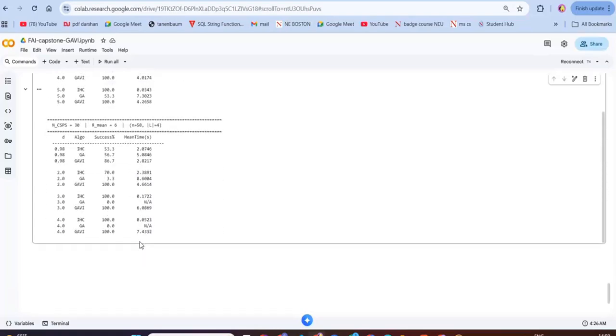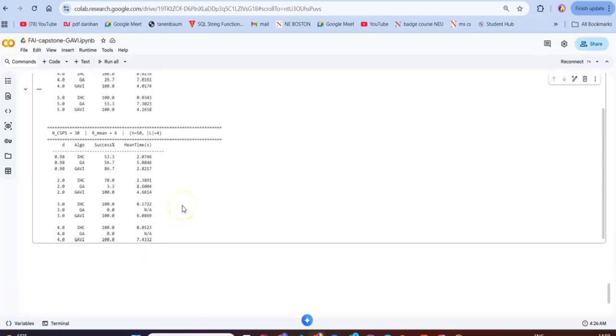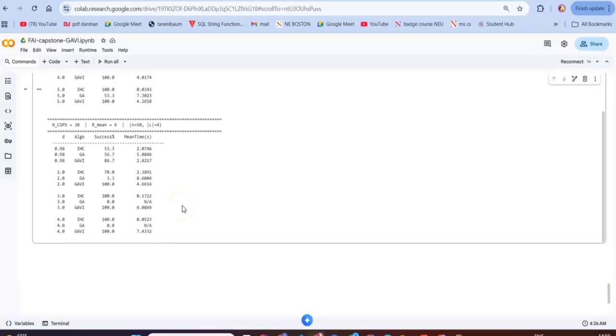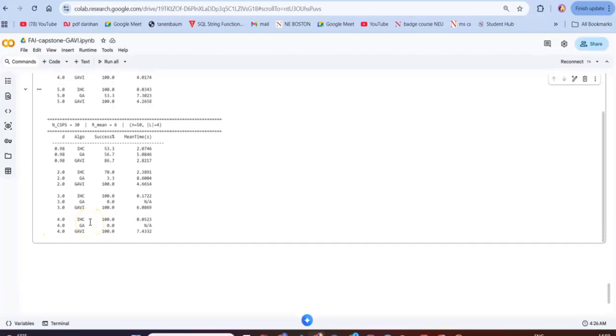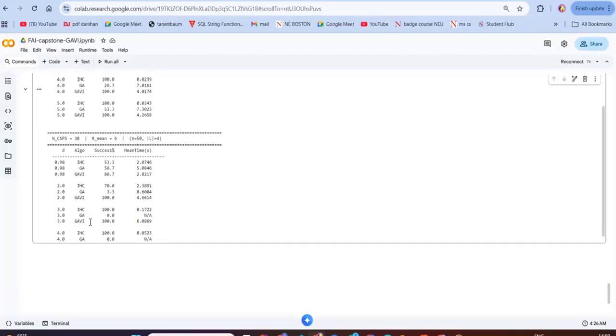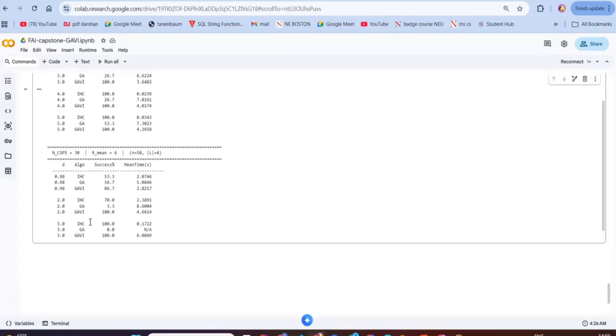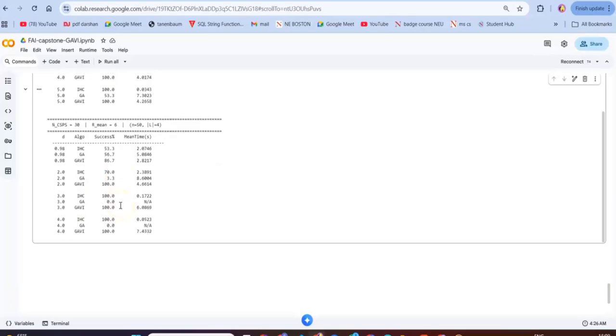At R mean equals 6, the GA is again at 0% for D equals 3, as you can see here, and also for 4. The IHC's noisy 30% at R mean equals 4, D equals 0.98 from the 10-instance run has now settled to 43%, which is a better estimate, but still shows that iterative hill climbing is failing on this hard cell.